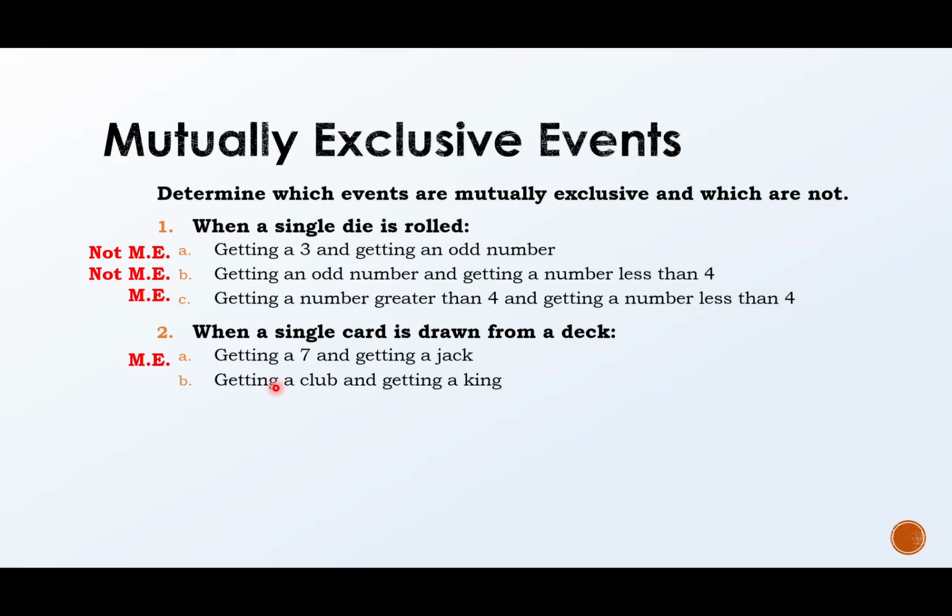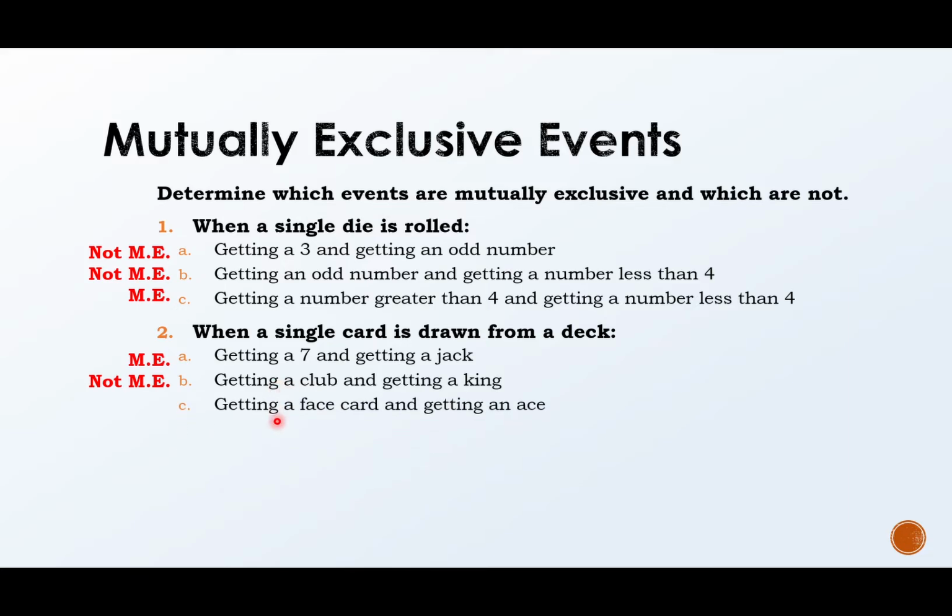So, 13 cards are in this event. Here, getting a king, there are 4 kings because we have four suits. So, is there a common card? Actually, the king of clubs is in the event of getting a king, and it is also in getting a club. So, that is the common intersection between these two events. And so, we say the two are not mutually exclusive.